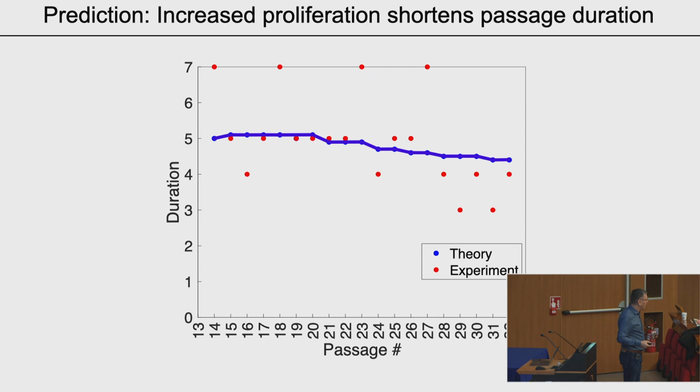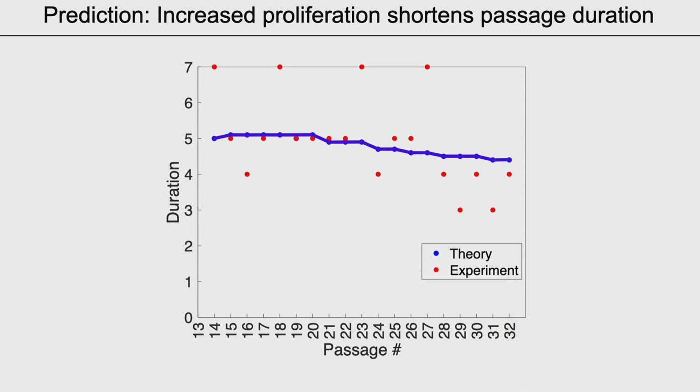Yes? Nenad, what's the y-axis there? That's days. Can they only proliferate once on a daily basis? Why is it discrete there?